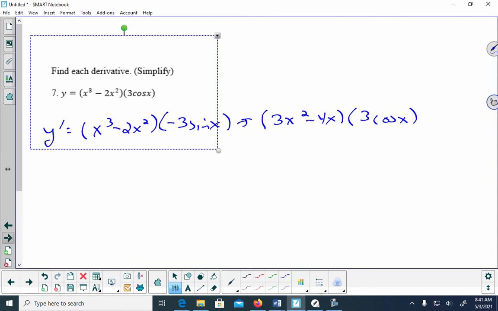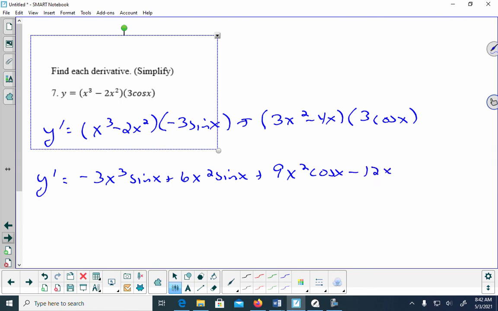Now when I simplify that, I'm going to distribute that negative 3 sine x. I'm going to have negative 3x to the third sine x plus 6x squared sine x plus 9x squared cosine x minus 12x cosine x.